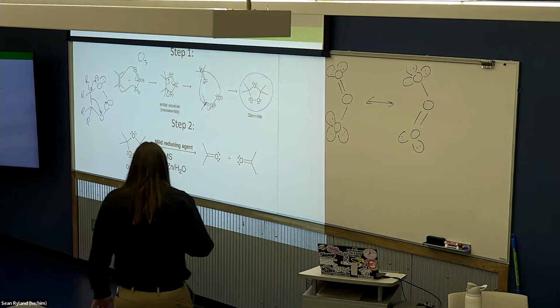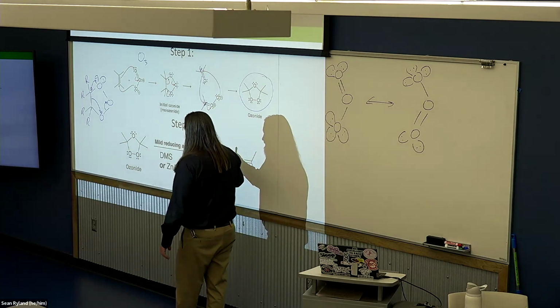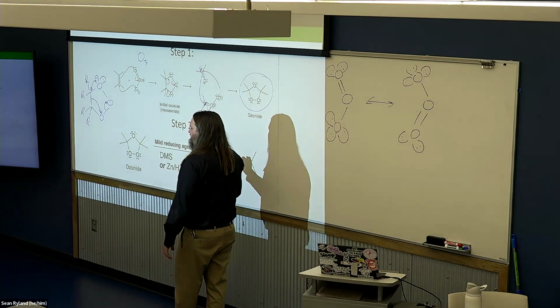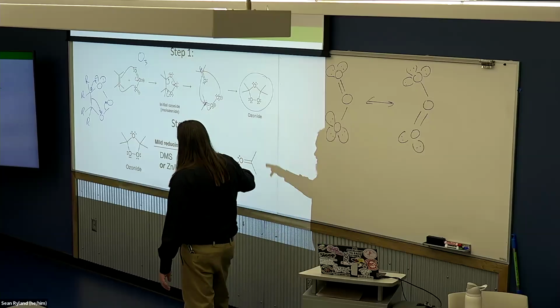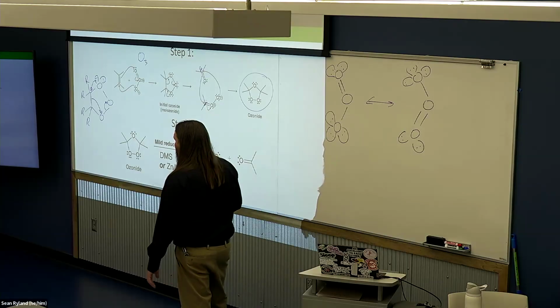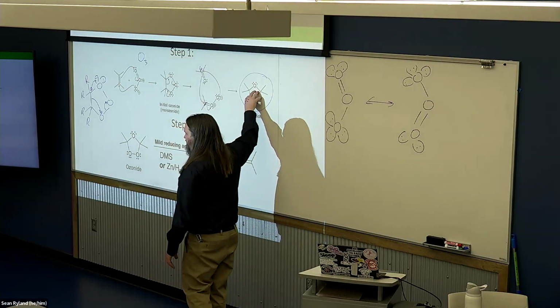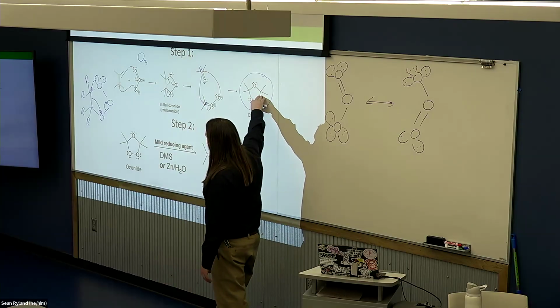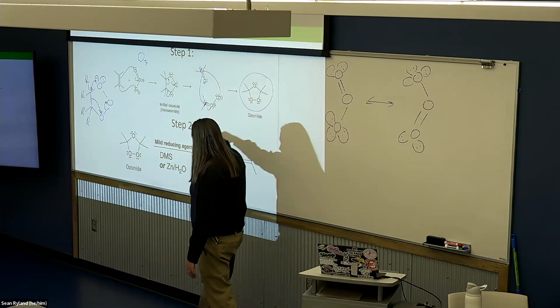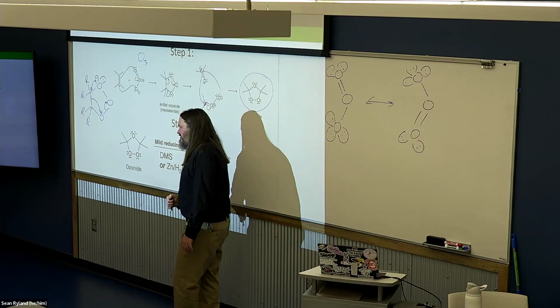And then this step 2, like we've seen in several of our other mechanisms, a lot of these reduction reactions, the mechanisms are beyond what we need for this class, so we basically can wait on the second step. So being able to get to here is the part of the mechanism that you actually are responsible for knowing. Okay. And then step 2 is just mild reducing agent, which usually is DMS, dimethyl sulfide.